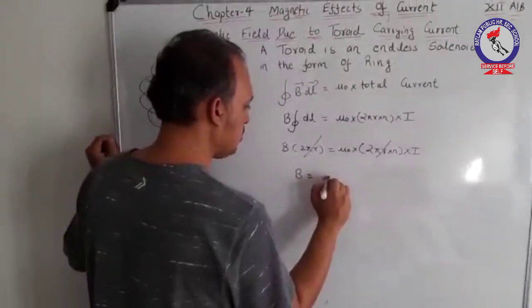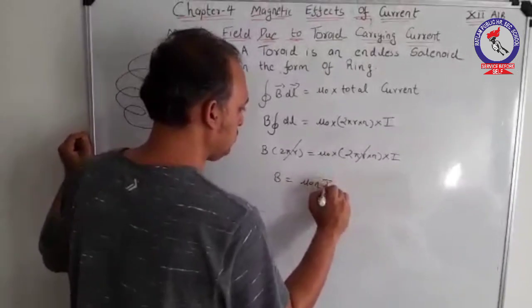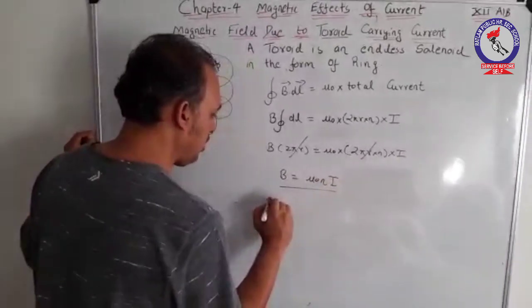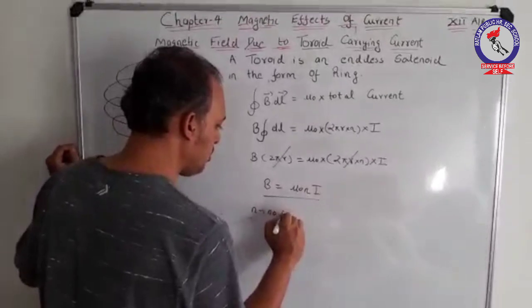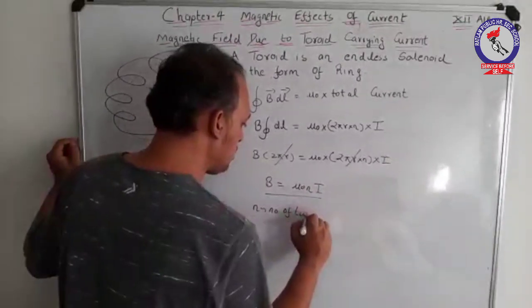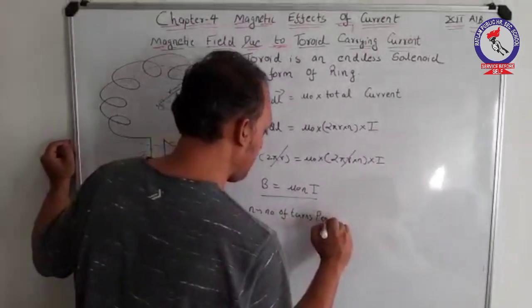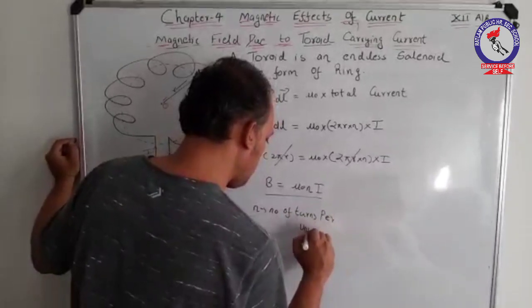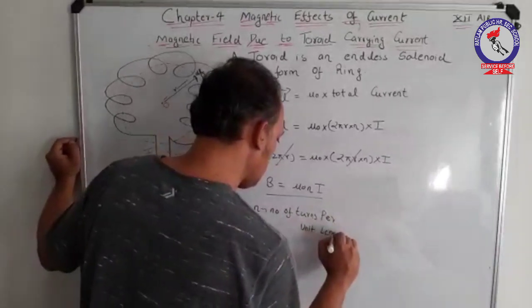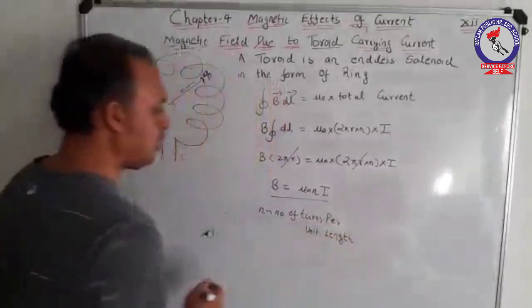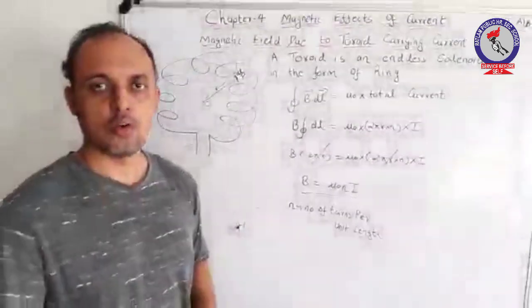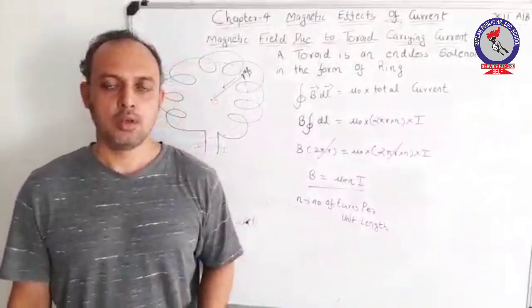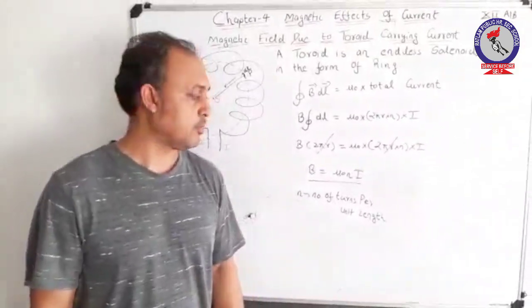B equals mu naught n I, where n is as usual the number of turns per unit length. The significance of this number of turns per unit length has already been explained by me.